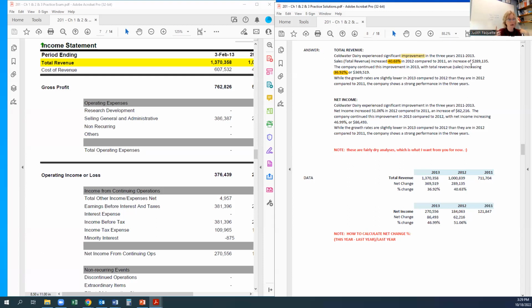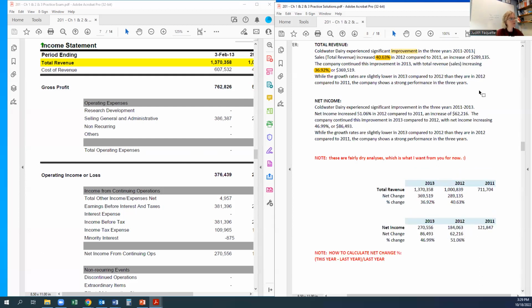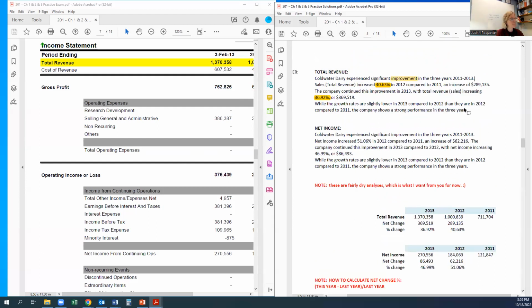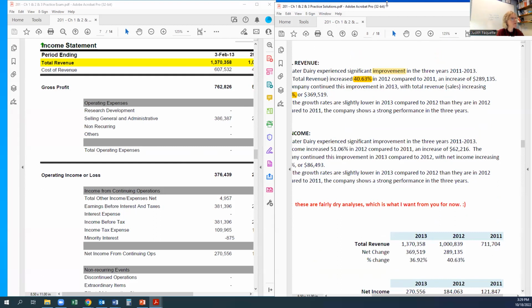Okay, one sentence down. Then we're going to talk about sales increased, and I'll talk about how we get that percent in 2012 compared to 2011. An increase of $289,000 and 135. I hope you guys can read this. Let's see.